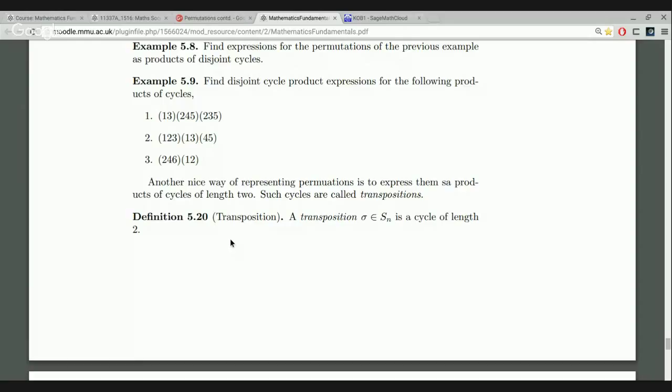So you could picture sigma here. Just throw the n objects down on the table. You can see what cycle we're talking about.